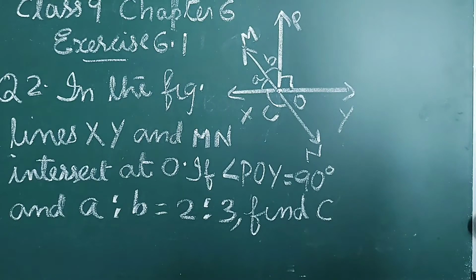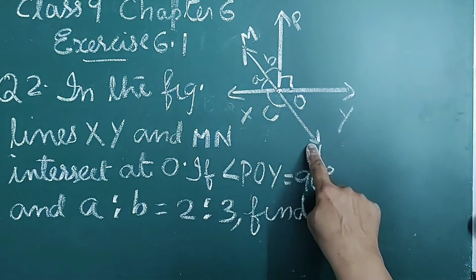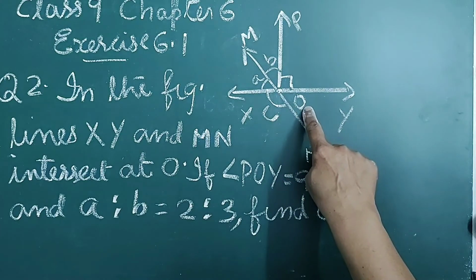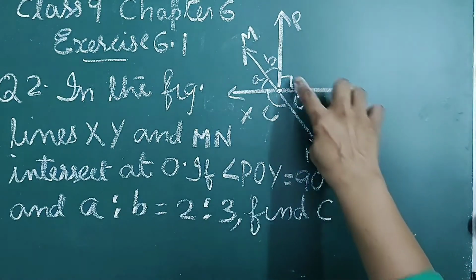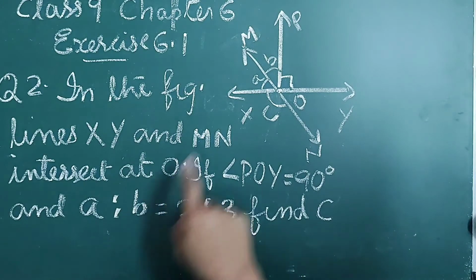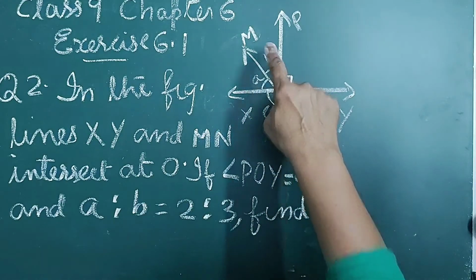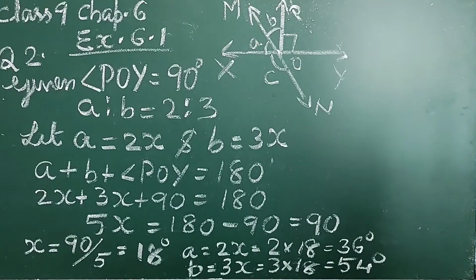Exercise 6.1, question number 2. In the figure, lines XY and MN intersect at point O. If angle POY equal to 90 degree and angle A is to angle B equal to 2:3, find angle C. Exercise 6.1, question number 2, solution.